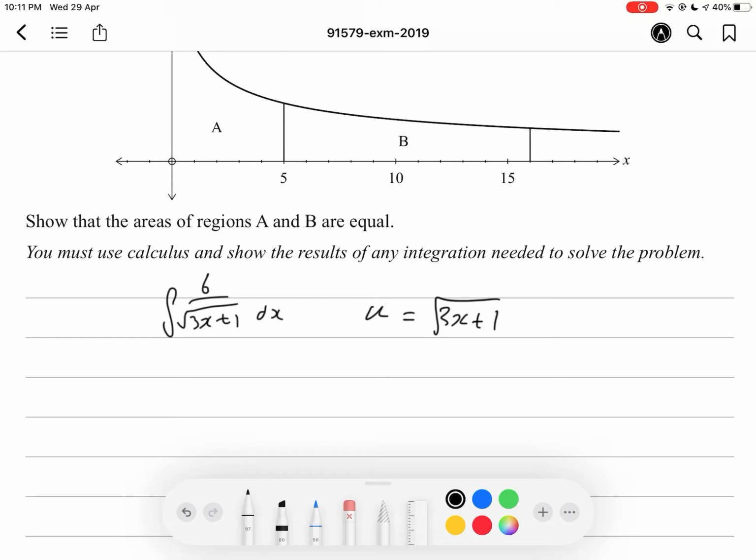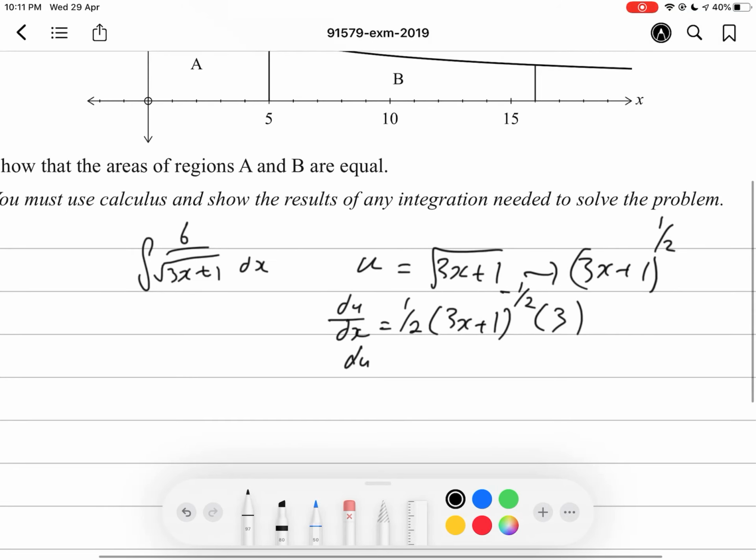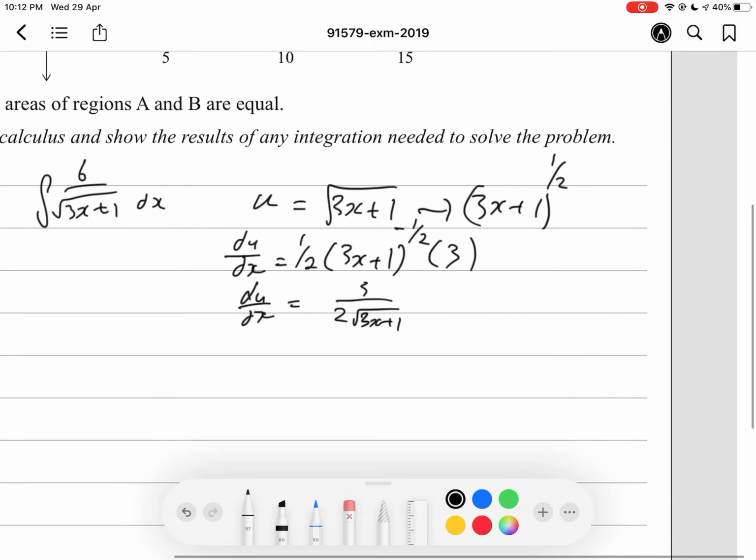Therefore du over dx will be equal to 1/2 times 3x plus 1 to the power of 1/2. You bring the power down, then bring the power down by 1, so it becomes negative 1/2 times the differentiation of the inner function, which is 3. So du over dx is equal to 3 over 2 root 3x plus 1.